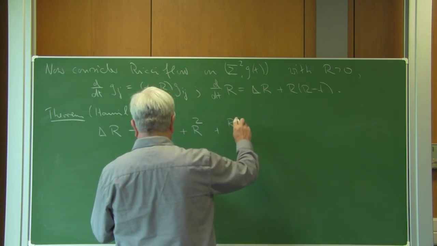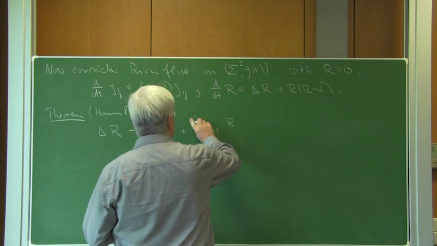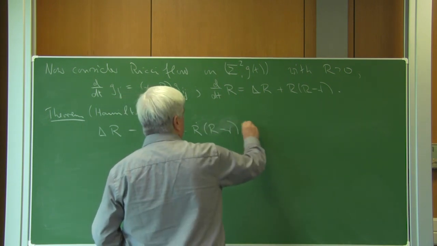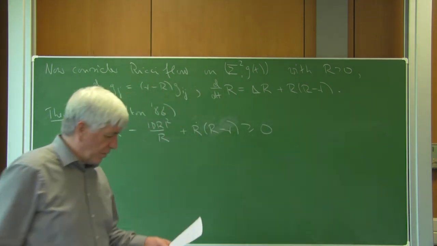Did I get this right? Just a second. Plus R. Yeah, it's not R squared. It's R times (R minus little r) is greater or equal to 0.